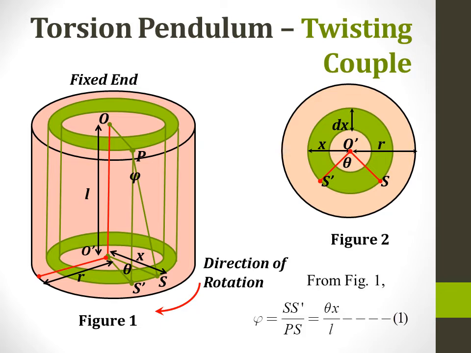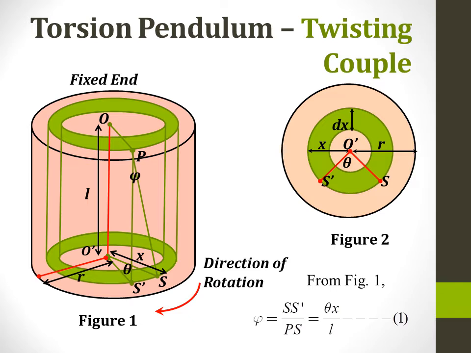The shearing strain or the angle of shear is given by SS prime divided by PS, where SS prime is the arc length and PS stands for the radial length. In order to calculate SS prime, we look at figure 2. Figure 2 gives us SS prime, which is the arc length.